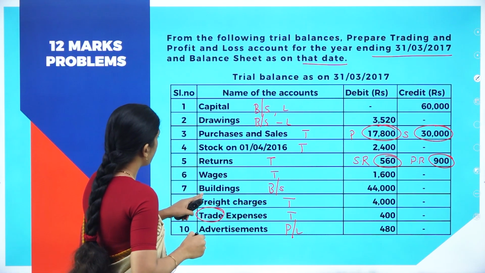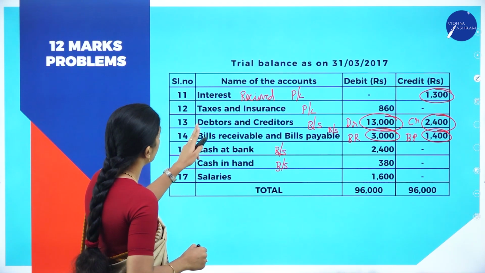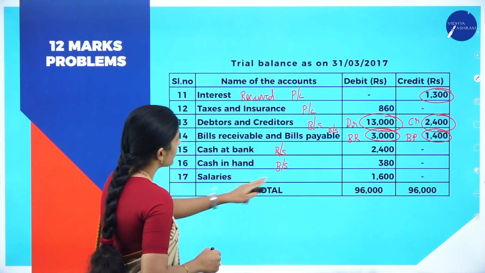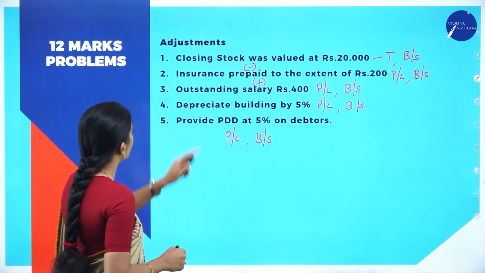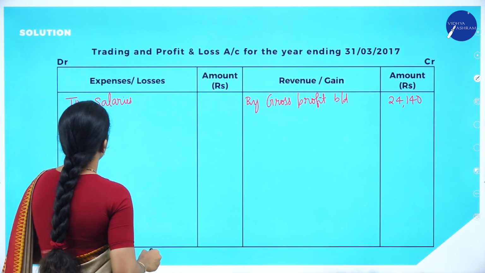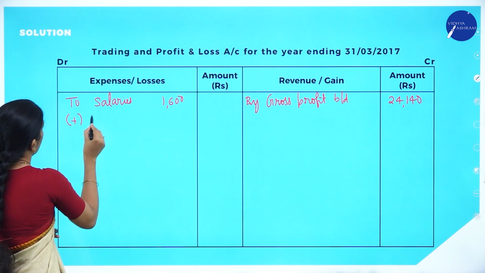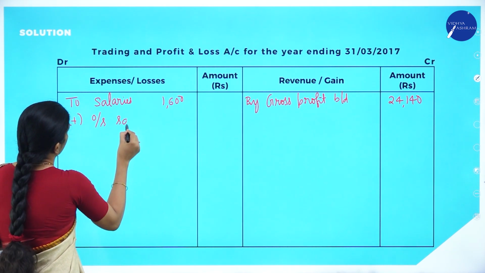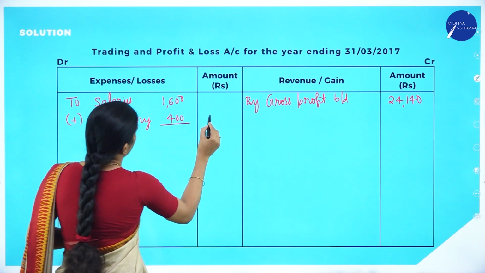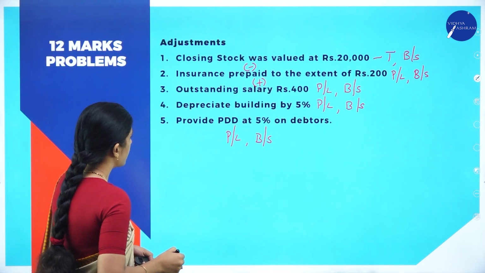Salaries, P&L account. We have advertisement, we shall record it later. Yes, we have salaries 1,600. If you see the adjustment, we have outstanding salary 400. So salary 1,600 add outstanding salary 400, so it will be 2,000.